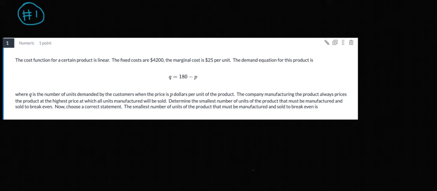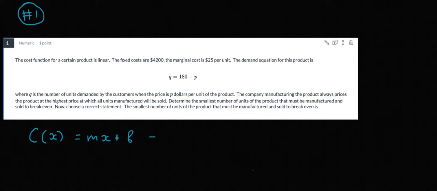Since we're told that it is a linear function, we can write that the cost of manufacturing x units of the product, C of x, equals mx plus b. This is an equation for a linear function, where b is the fixed costs and m is the marginal cost.